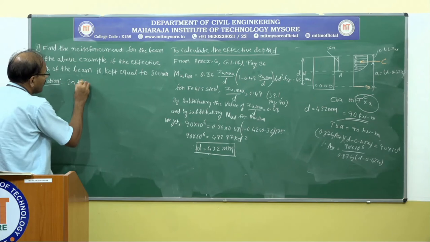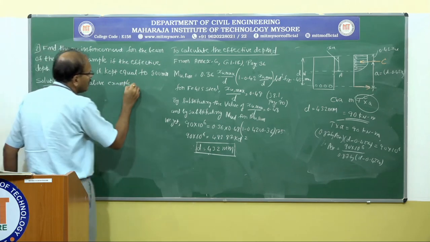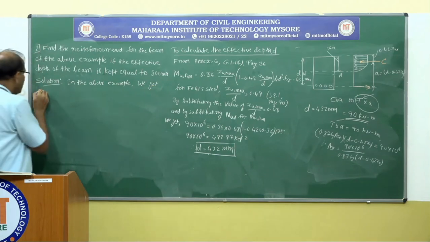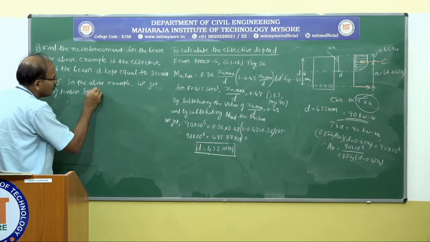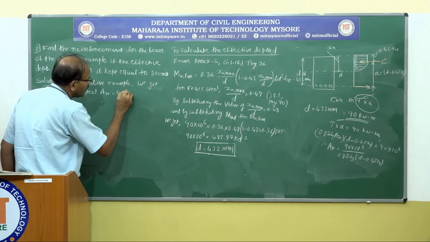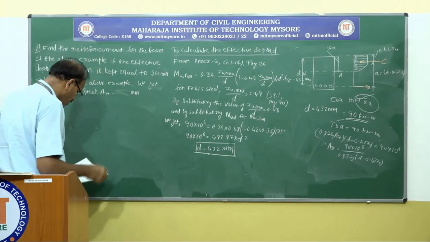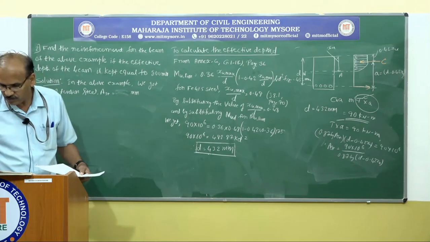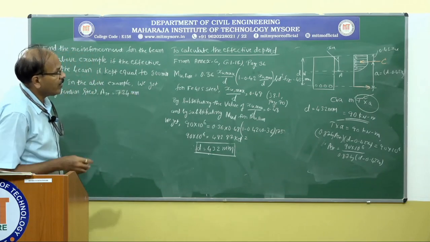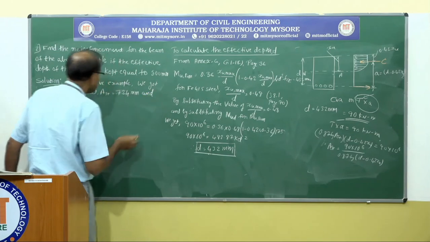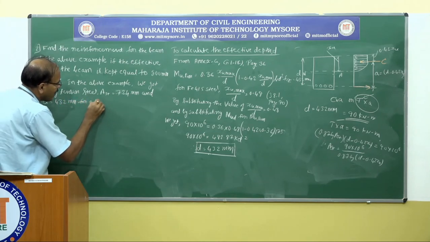In the above example, we got area of tension steel AST equal to 742 millimeter square, and D equal to 432 millimeter for a balanced section.